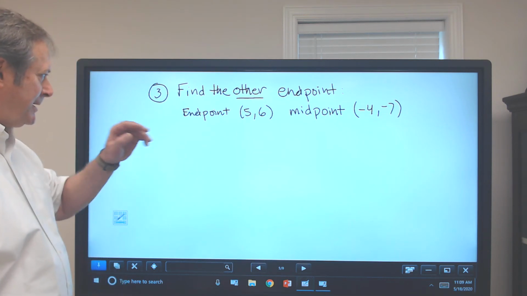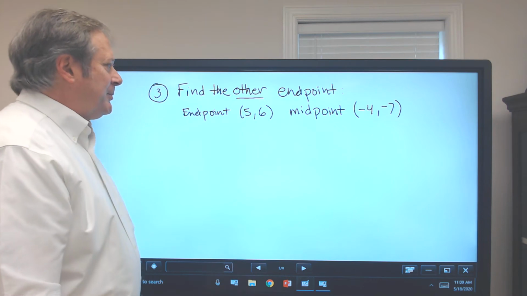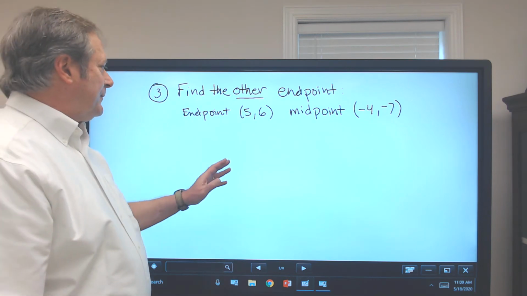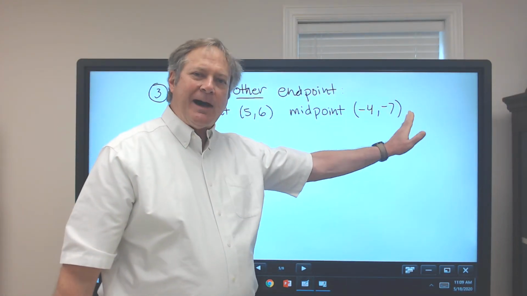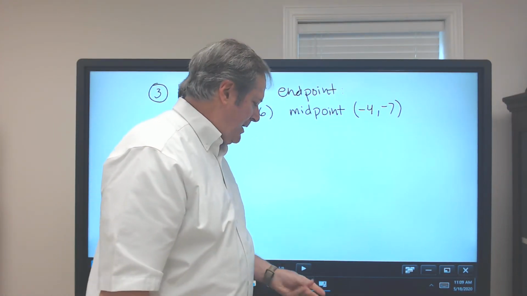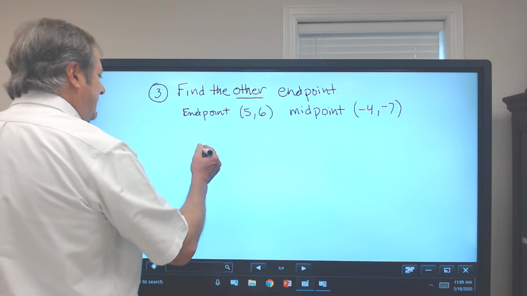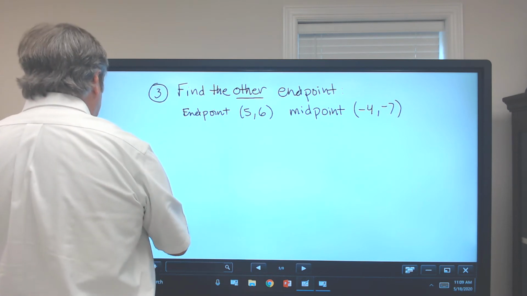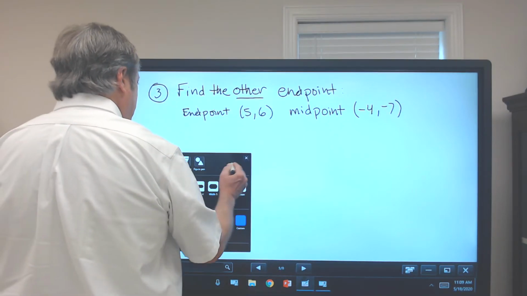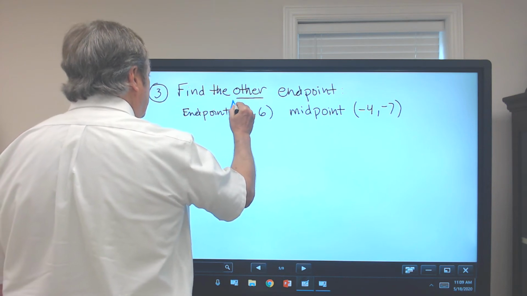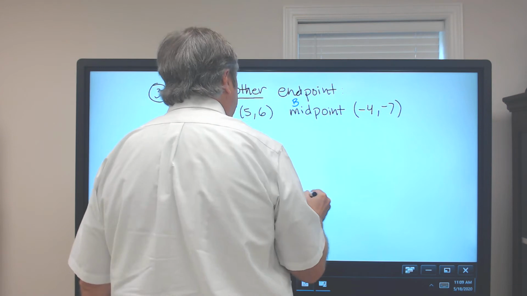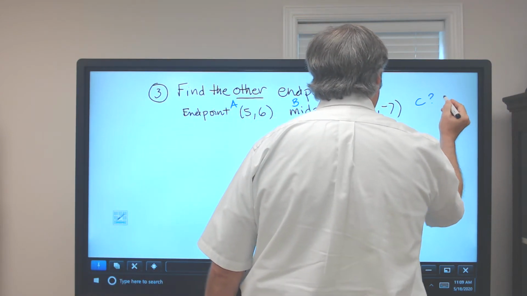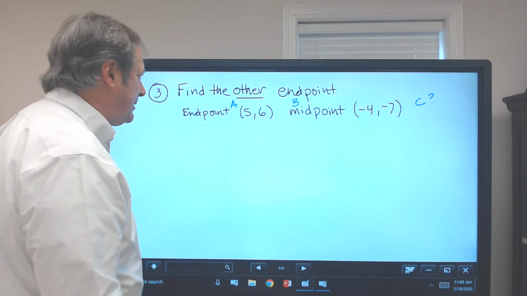All right, so here, this is a little bit different. Here we're given one endpoint, the midpoint, and we're asked to find the other endpoint. All right, so what I like to do is I like to label these, and we'll call that A. We'll call the midpoint B. And so we're trying to find the other endpoint.